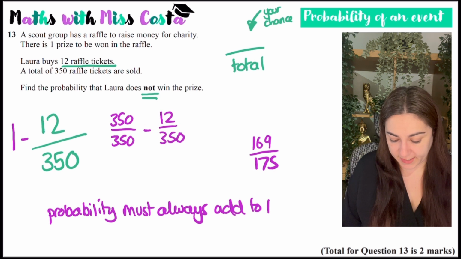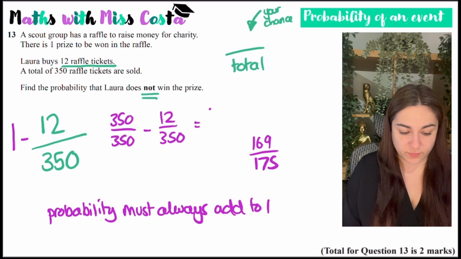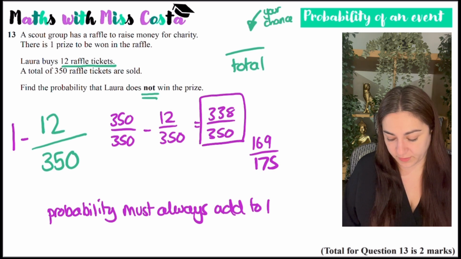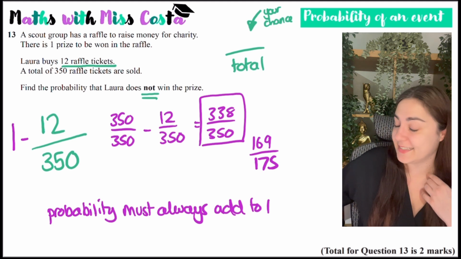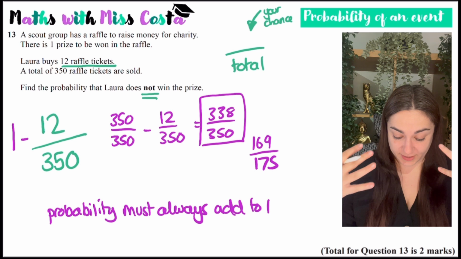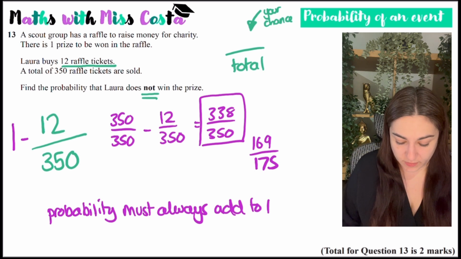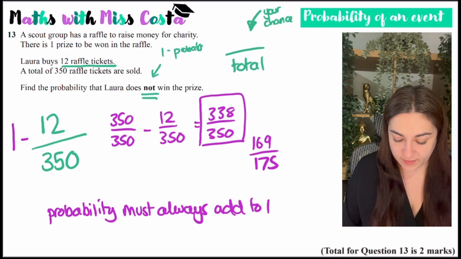Laura is going to have taken 12 of them. So if you do 350 take away 12, that's going to give you 338 over 350. And that's just a probability that makes more sense because it's dealing with what's actually been told to you in the question. So to work out the probability of something not happening, you do 1 take away the probability of it happening.